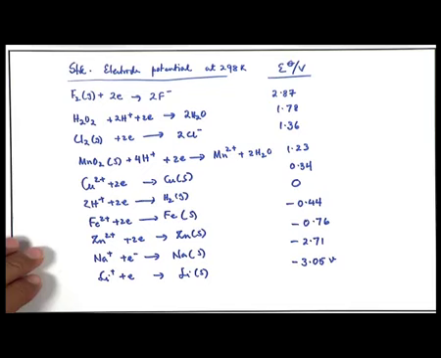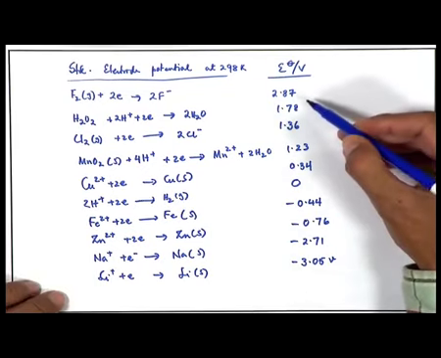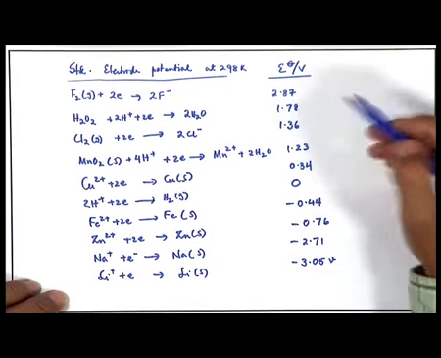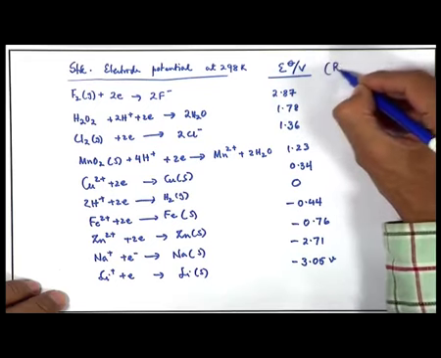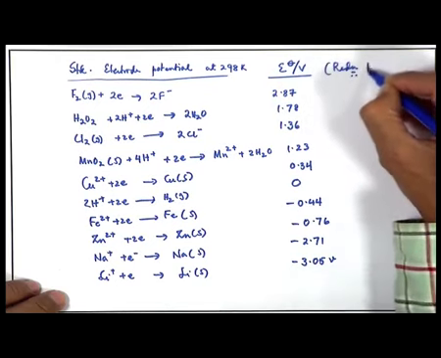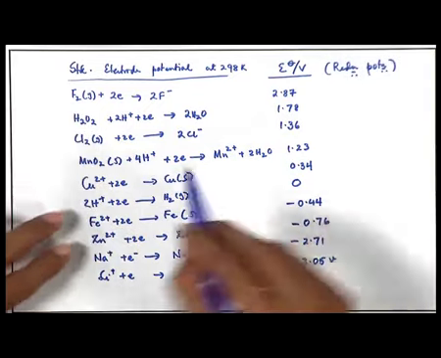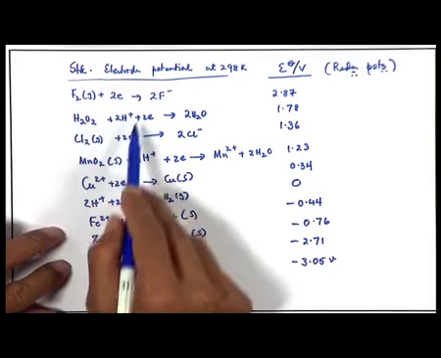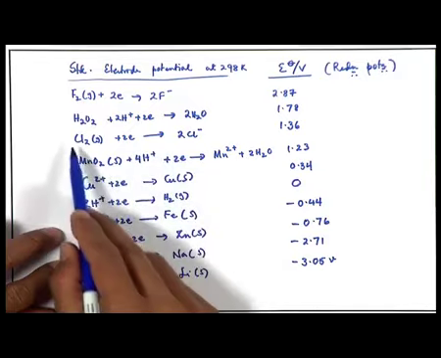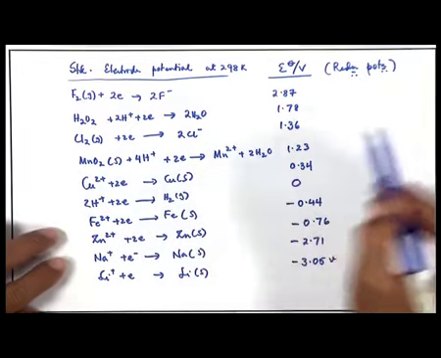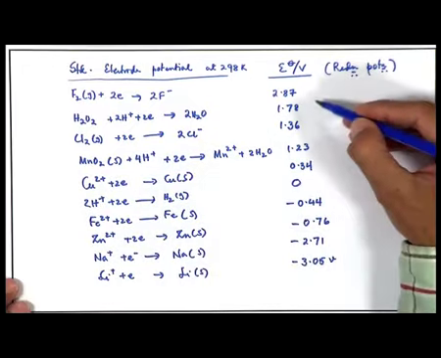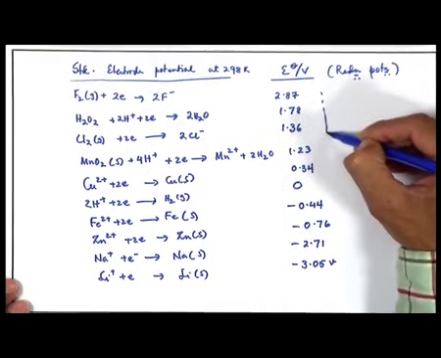Okay. So, you see that there is a changeover. It is the reduction potential. I have expressed all the reactions as reduction reactions. So, for the reduction potential, you see that the value is decreasing this way.